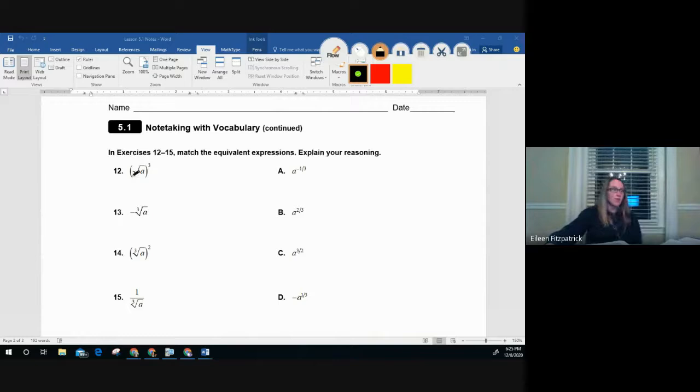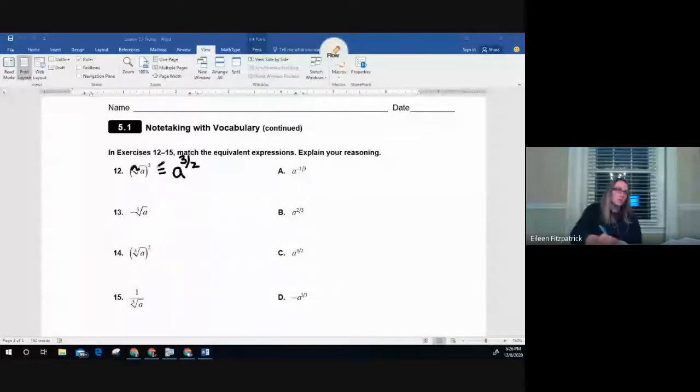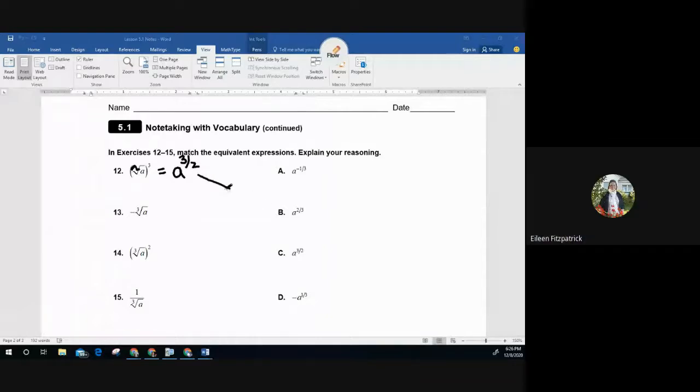In other words, instead of radical form, rewrite it with a fractional exponent, a rational exponent. Since this is a square root, we don't write the 2, but the index is 2 because we call it a square root. That means it can be rewritten as a to the 3 over 2. The bottom number tells you what root to take, the top number tells you what exponent to apply. After I do that, I know that it matches with B.